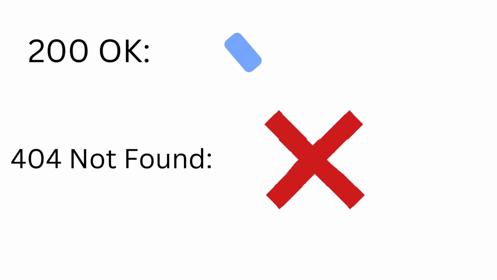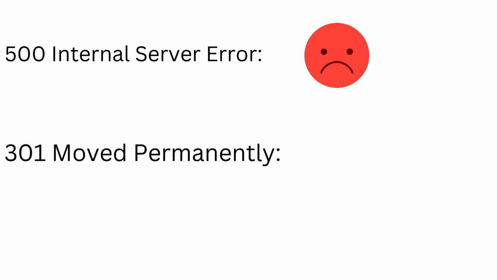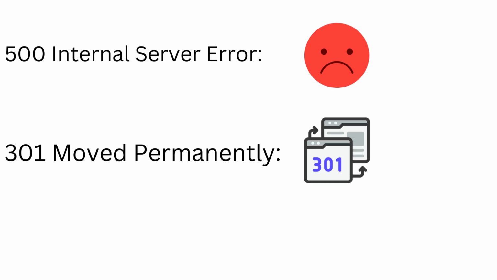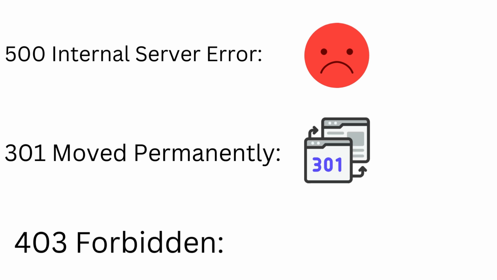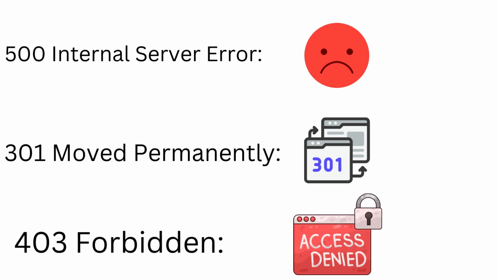Think page not found. 500 Internal Server Error means the server's having a bad day and messed up. 301 Moved Permanently means the resource moved to a new URL. 403 Forbidden means you don't have permission to access this. There are dozens more, but these are the ones you'll see most often.